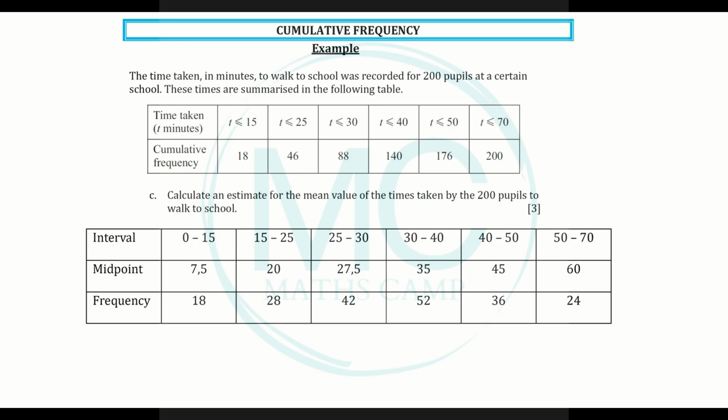So now I can find the estimated mean. To find sigma xf, I need to multiply each midpoint by its respective frequency and then add these values together.